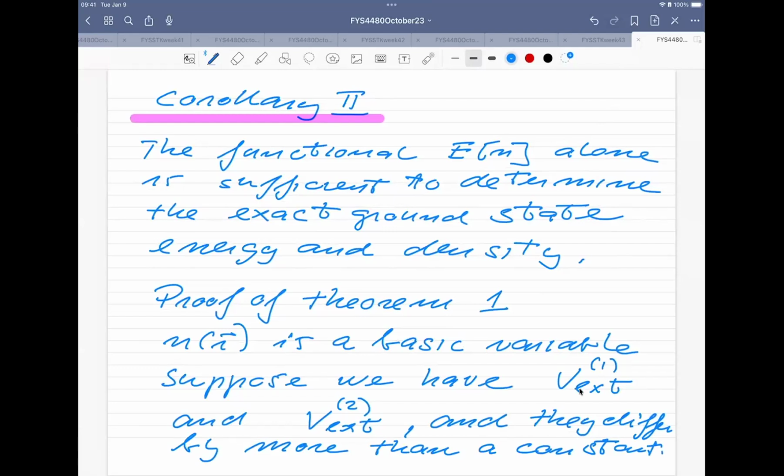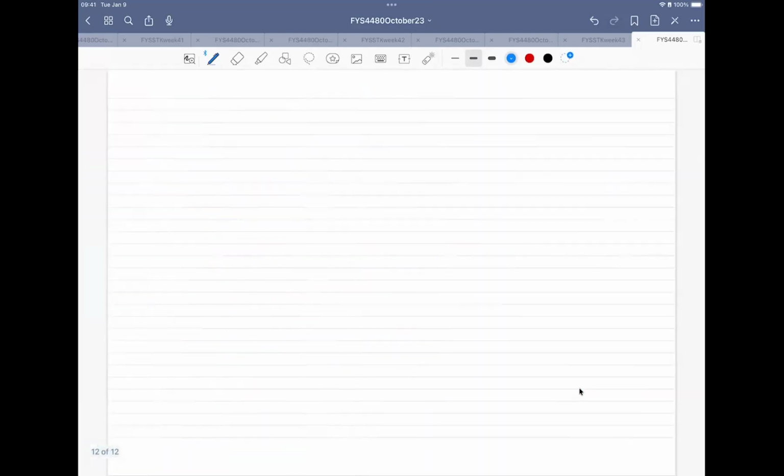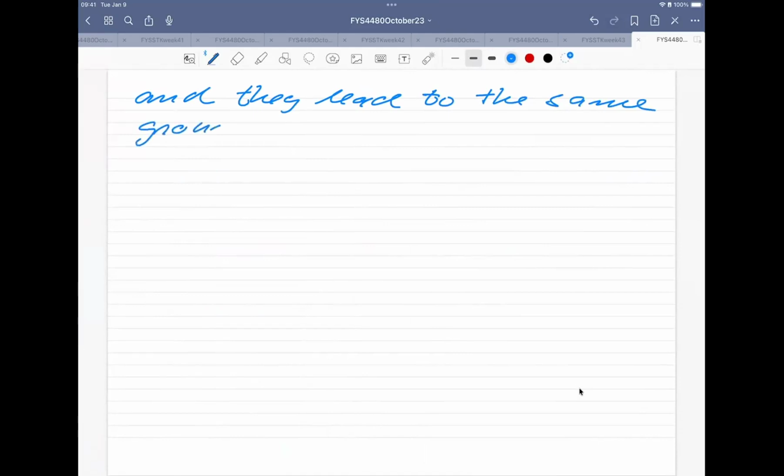And we're also saying that the two external potentials lead to the same ground state density, n0 of r. So this is an assumption we are making.